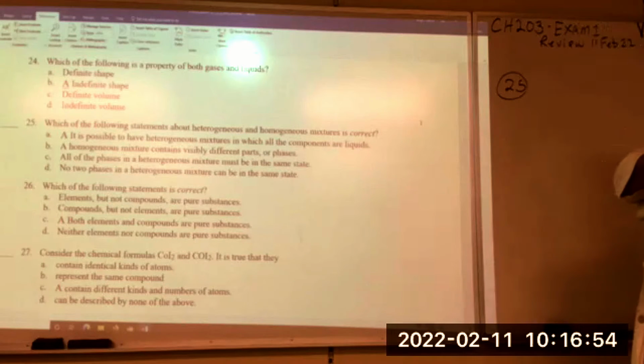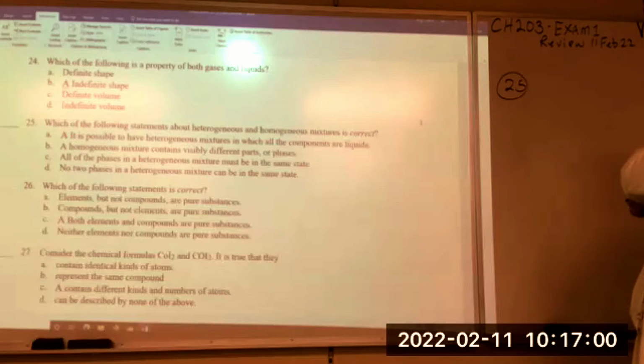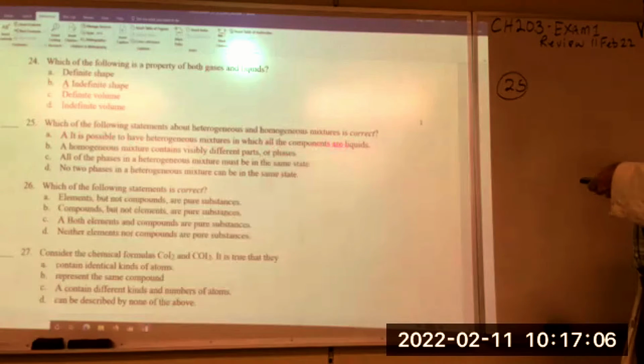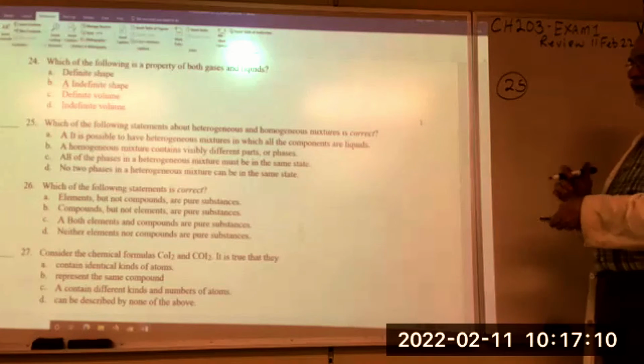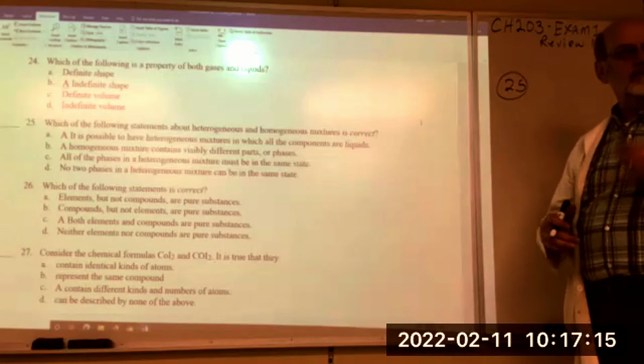"No two phases in a heterogeneous mixture can be in the same state." Yeah, they can. So the only one that's correct is the first one. You could have two solids mixed together here, but they're heterogeneous.